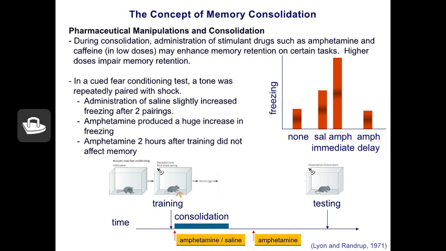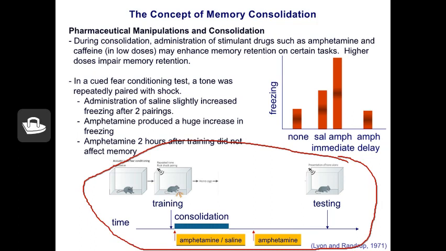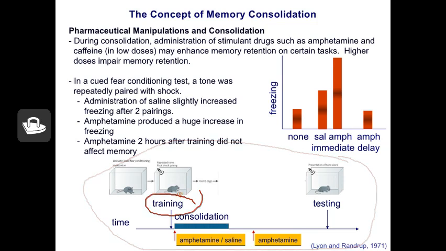Now, note that the timeline of the experiment is shown at the bottom of the slide, showing that the animals were trained in the cued fear conditioning, and then at the start of the consolidation period, they were injected with amphetamine or saline, or actually some of the animals were given no treatment.